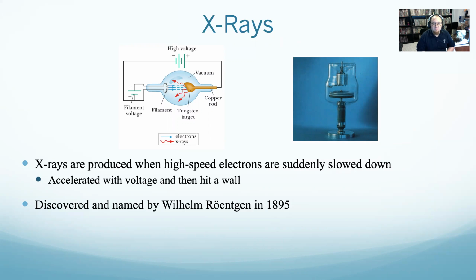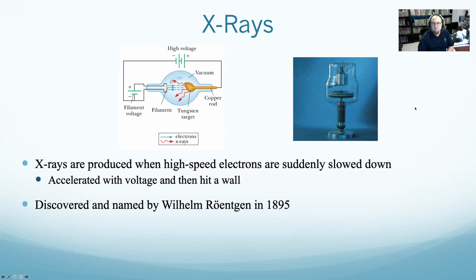Generally, they slowed electrons down quickly by having them fly into a wall. They accelerated electrons, shot them at a wall, and when they stopped quickly because they hit a wall, rays came off.